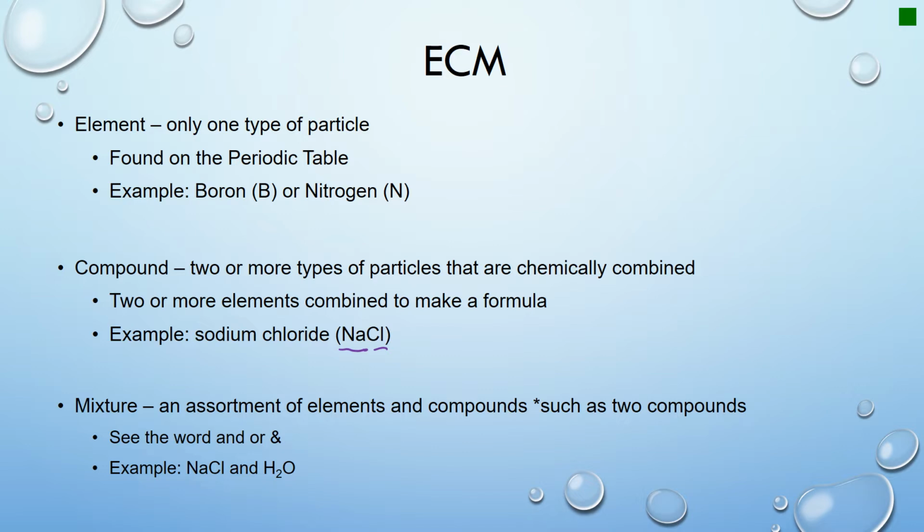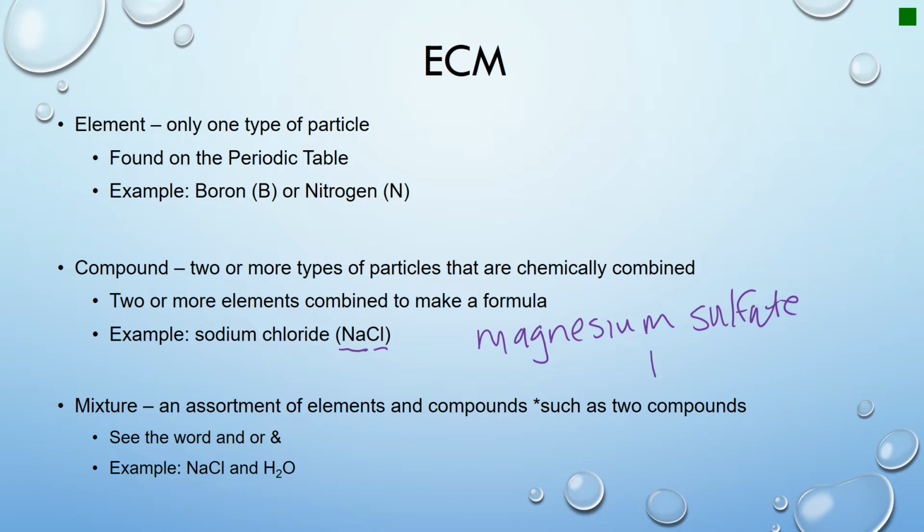Okay, so if you have two capital letters, that would be considered a compound. If you see an element followed by a word that you basically don't really understand at this point, like you could see magnesium, which is an element that you should be familiar with, at least by name, and then if you saw sulfate, okay, that is a compound. You don't have to know anything more than that, but that would be a compound.